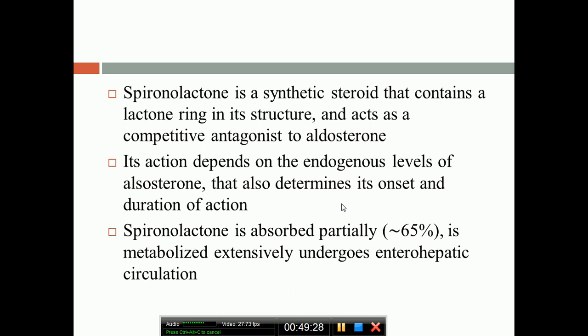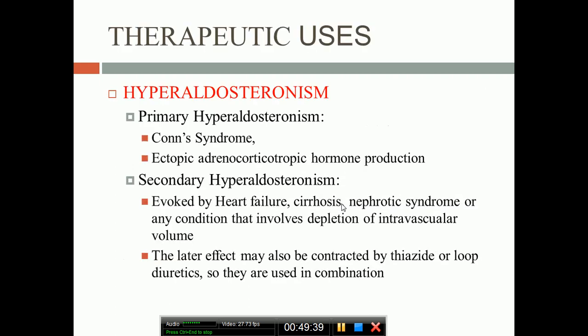As soon as the greater quantity of aldosterone is present, they will have more effect, and their onset of action will be initiated.